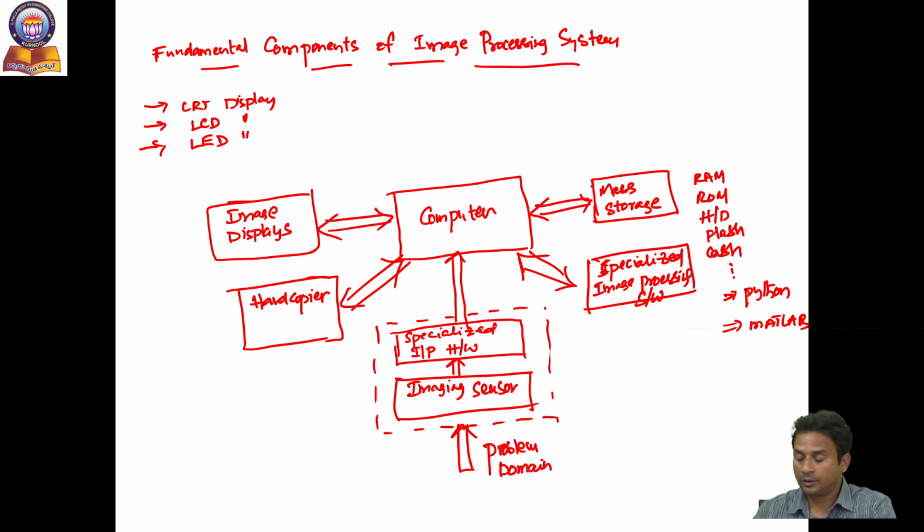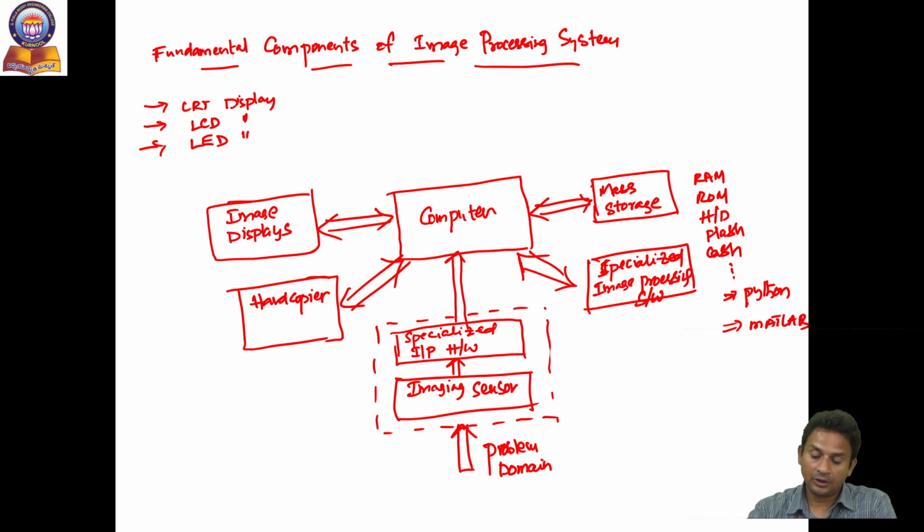Depending on the application at hand, we call the application a problem, so the image is captured from that domain. For example, in face detection, only the faces of persons; in iris recognition, the iris of the eye, etc. That is what is called the problem domain. So this is the basic hardware requirement in order to build an image processing system.